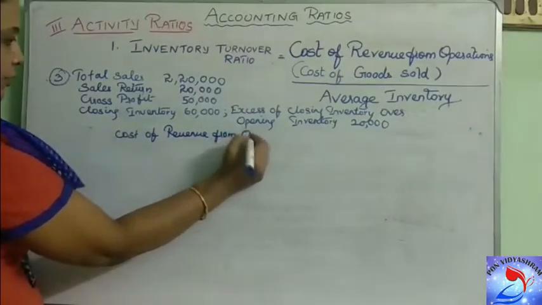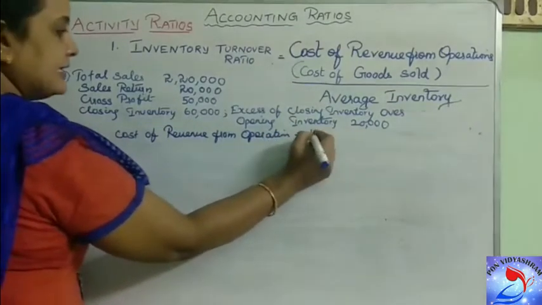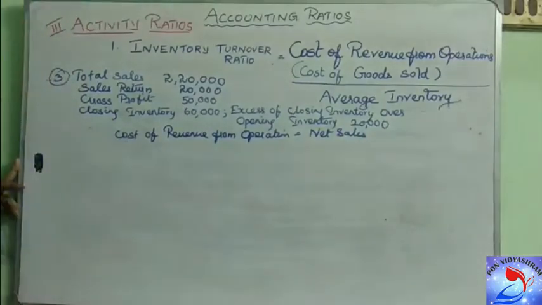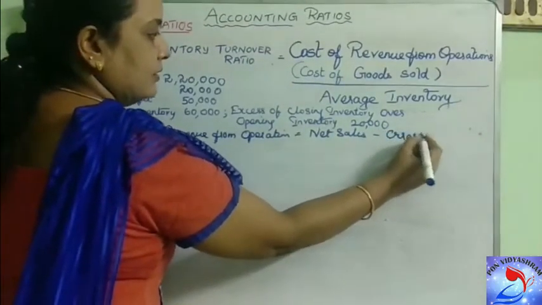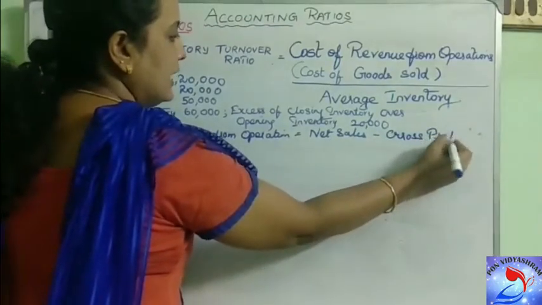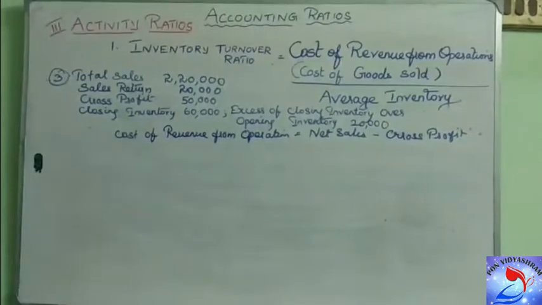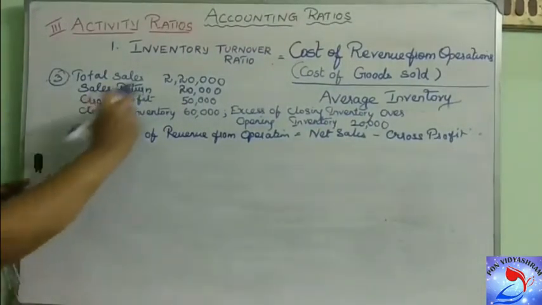See, cost of revenue from operation we can find out from net sales. That is, revenue from operation is your net sales. Net sale minus gross profit. Now, when I say net sale, what is a net sale? Net sale is total sales minus sales return.